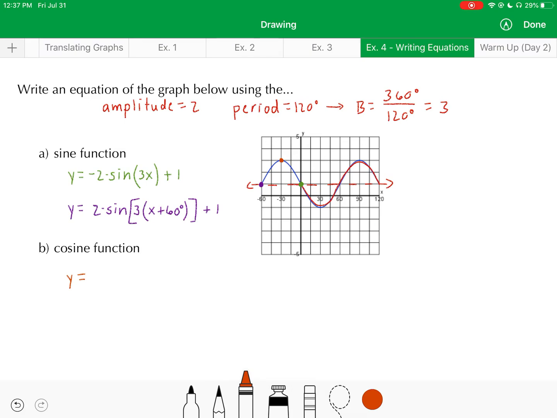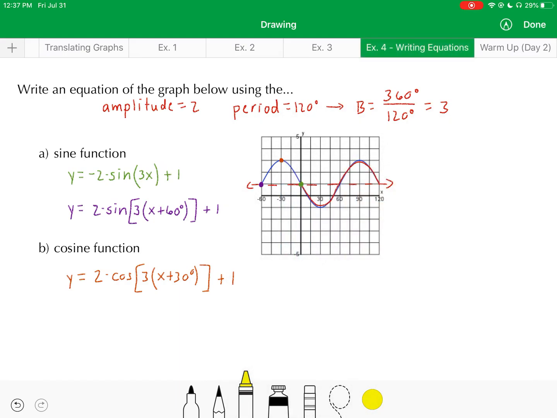So based off of that, I'm going to say that y should equal positive 2, since you're above the midline, times cosine of 3 multiplied by the quantity of x plus 30 degrees, and then add 1 at the end, okay?